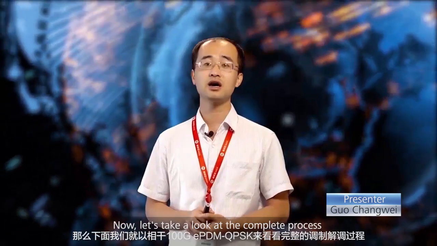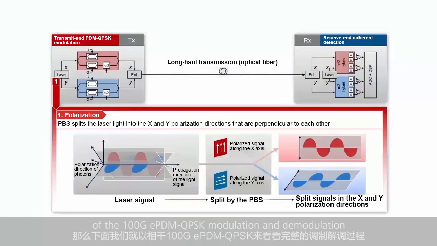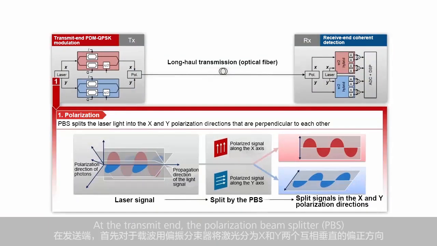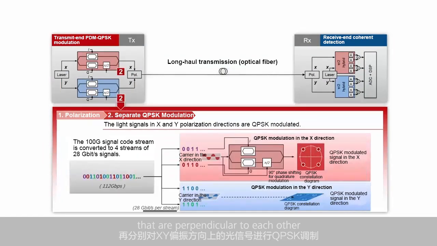Now, let's take a look at the complete process of the 100G EPDM QPSK modulation and demodulation. At the transmit end, the polarization beam splitter splits the laser light into the X and Y polarization directions that are perpendicular to each other. Then the light signals in both polarization directions are QPSK modulated.